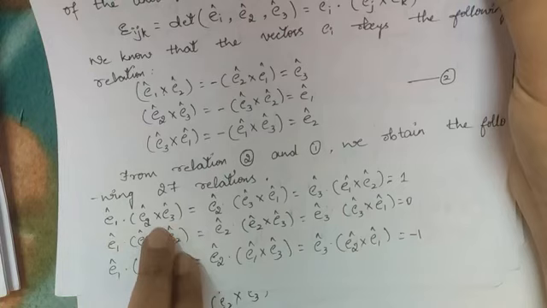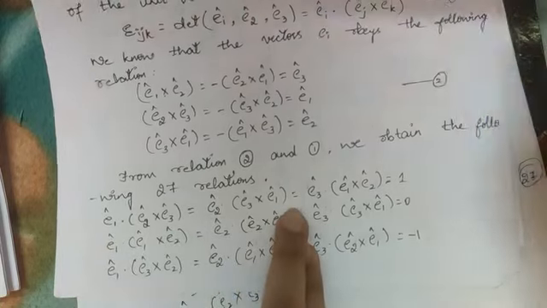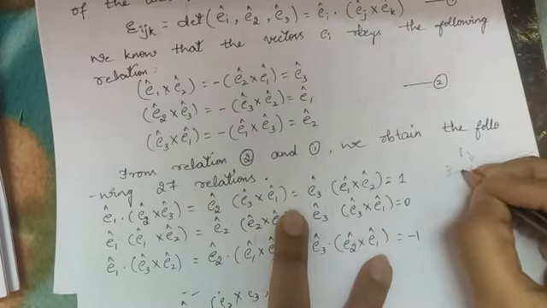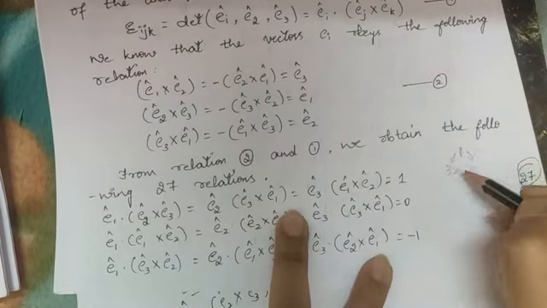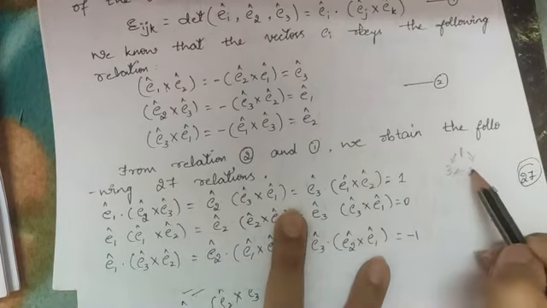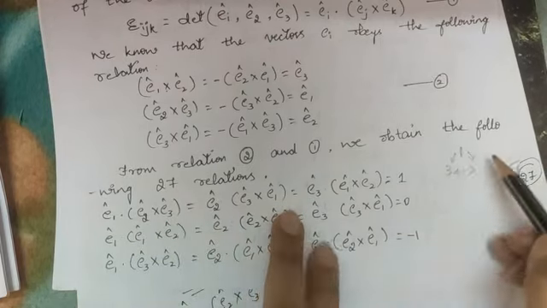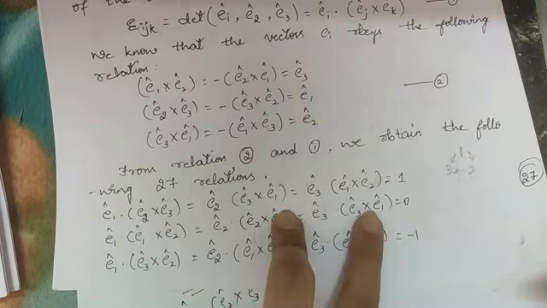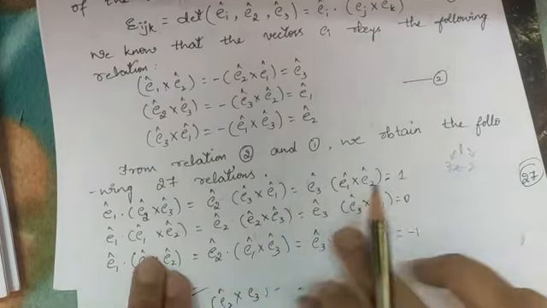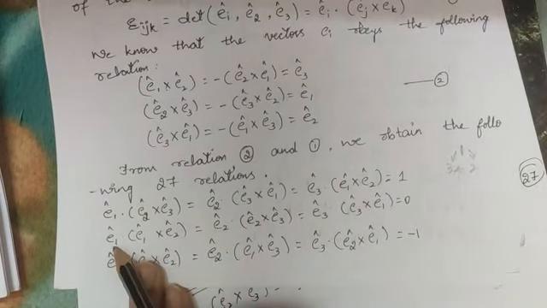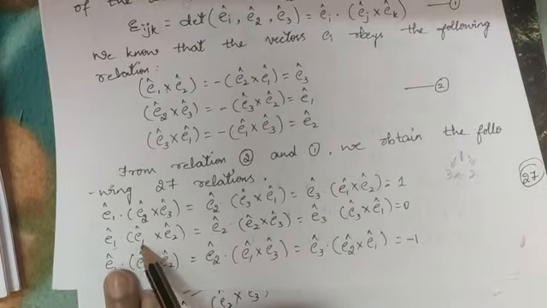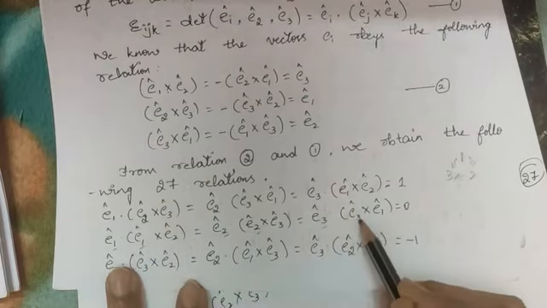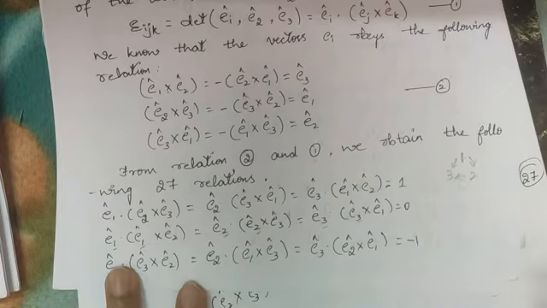This is in a cyclic manner. 2, 3, 1. This is in a cyclic manner. That means if I consider 1, 2, 3 in this way, cyclic. 2, 3, 1, cyclic. 3, 1, 2, cyclic. So your epsilon ijk takes the value 1. In this example, you can observe the two suffixes are equal, right? So your epsilon ijk takes the value 0.